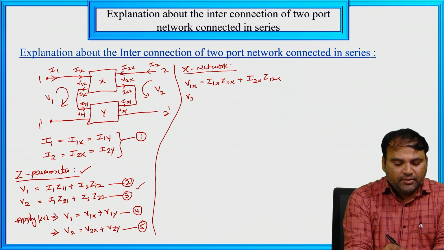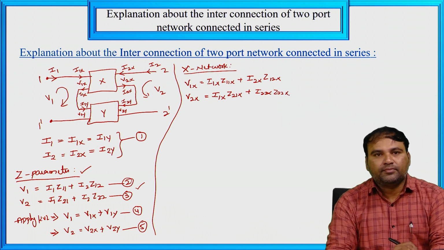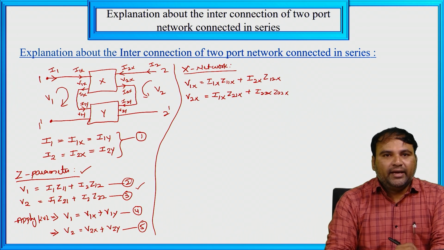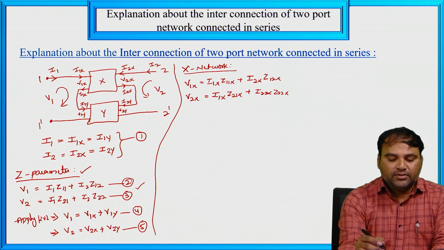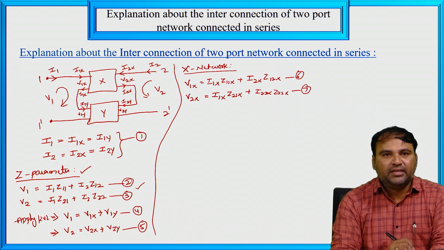Similarly, V2x equals I1x into Z21x plus I2x into Z22x. This is for the X network input voltage and output voltage. Let us take this as equation number 6 and this as equation number 7, for the X two-port network.